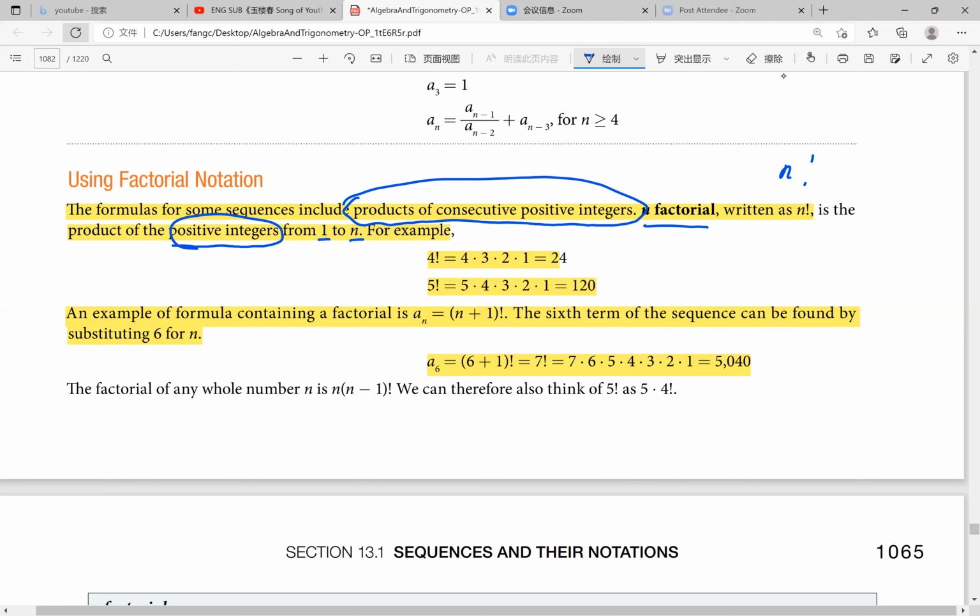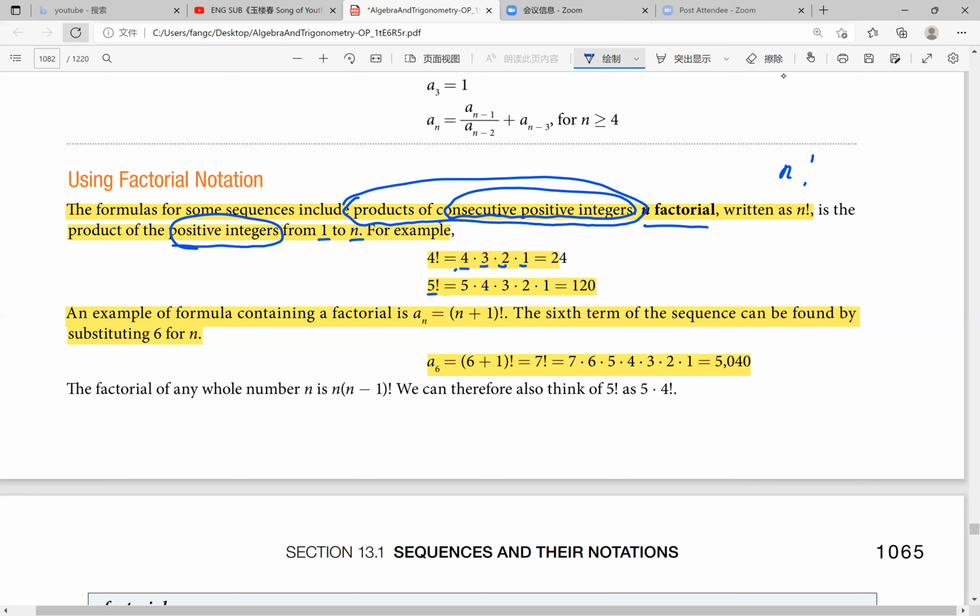For example, 4 factorial. You need to find the product from 4 and the consecutive positive integers. The consecutive positive integers are 3, then 2, and then 1, and the product is 24.